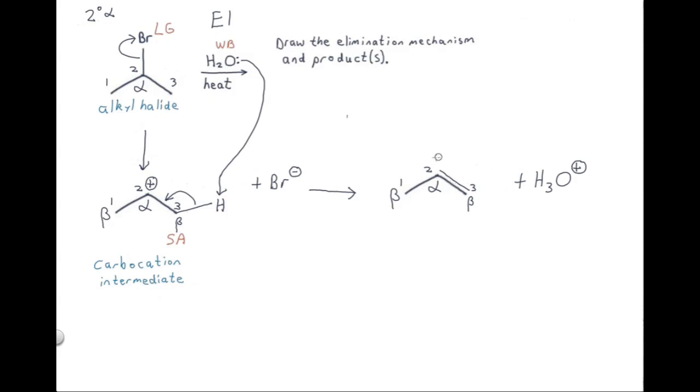Do you know what type of functional group we have produced in this product? Here's the answer. This product is called an alkene. An alkene is a molecule that contains a carbon-carbon double bond. E1 and E2 reactions produce alkenes.